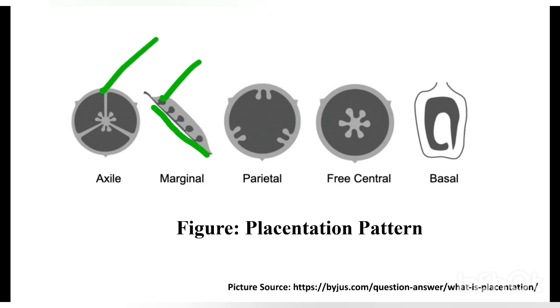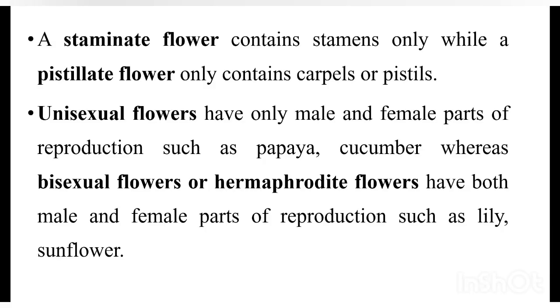Then it is axial when the entire ovary is divided into chambers forming radial spokes and the ovules are attached to this corner. Then parietal, when ovules are attached to the periphery, present in the Brassicaceae family. Then free central, where ovules are attached to the central position, then basal when one ovule is present at the base. So these are different types of placentation patterns present in plants.